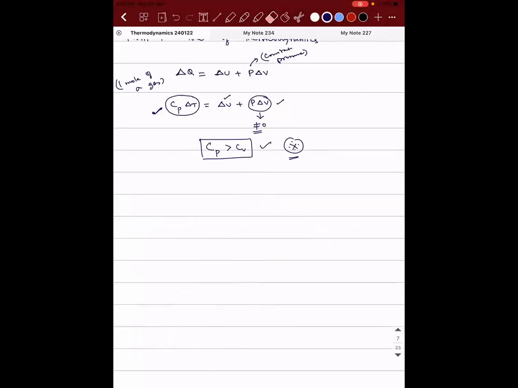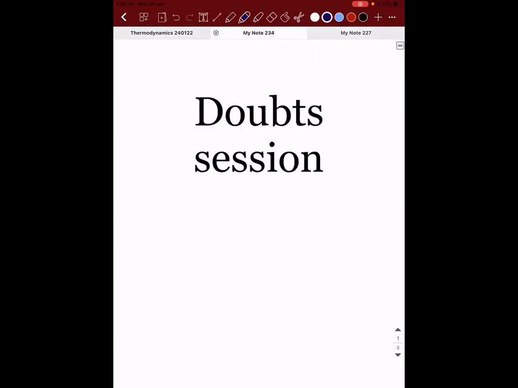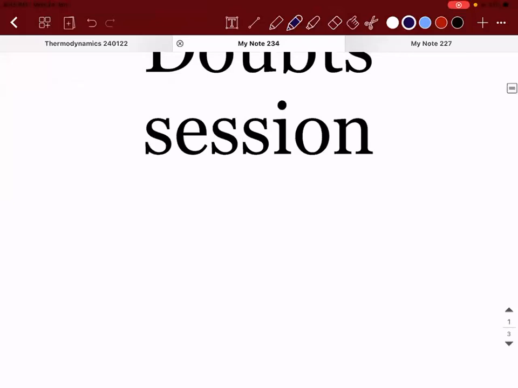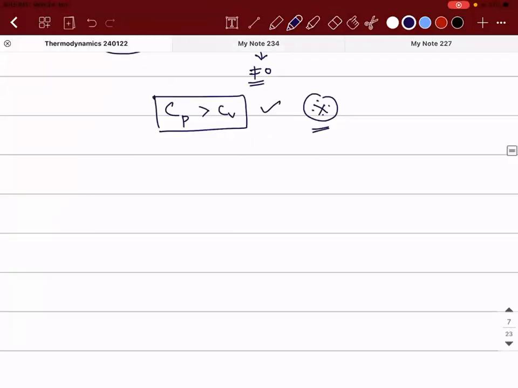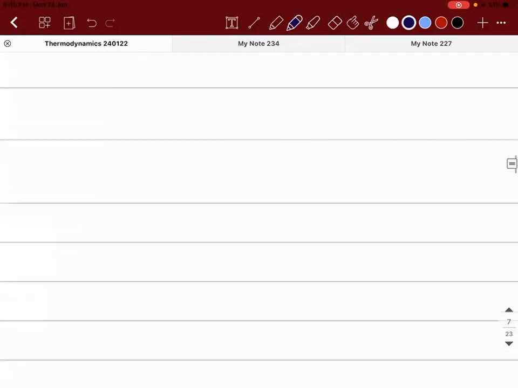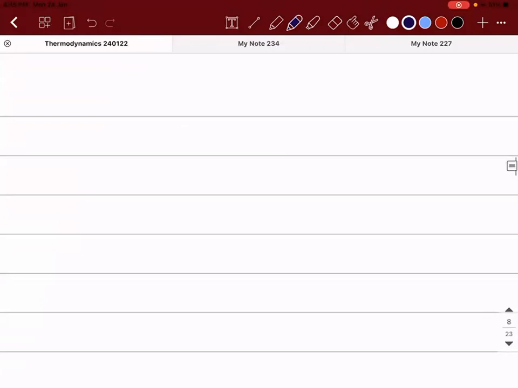Now I'm going to derive the relation between Cp and Cv. So write down the heading: the relation between Cp and Cv. I want everybody to concentrate.